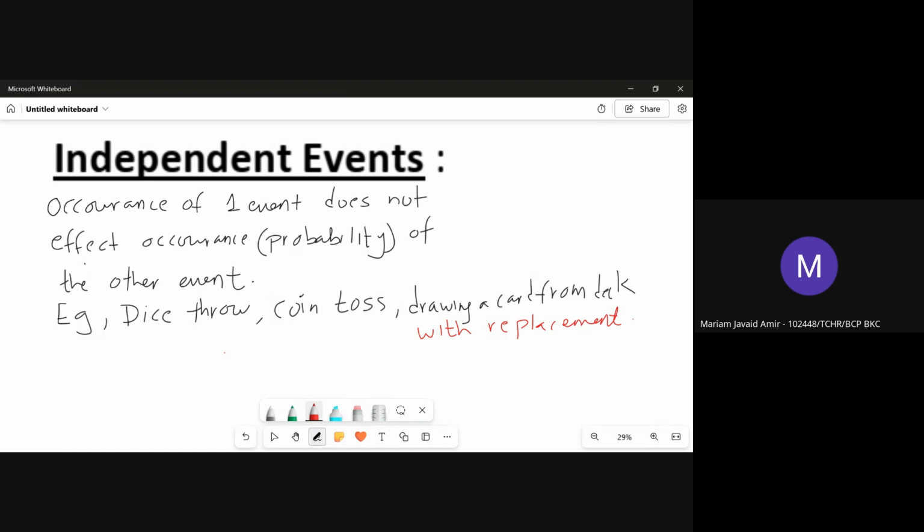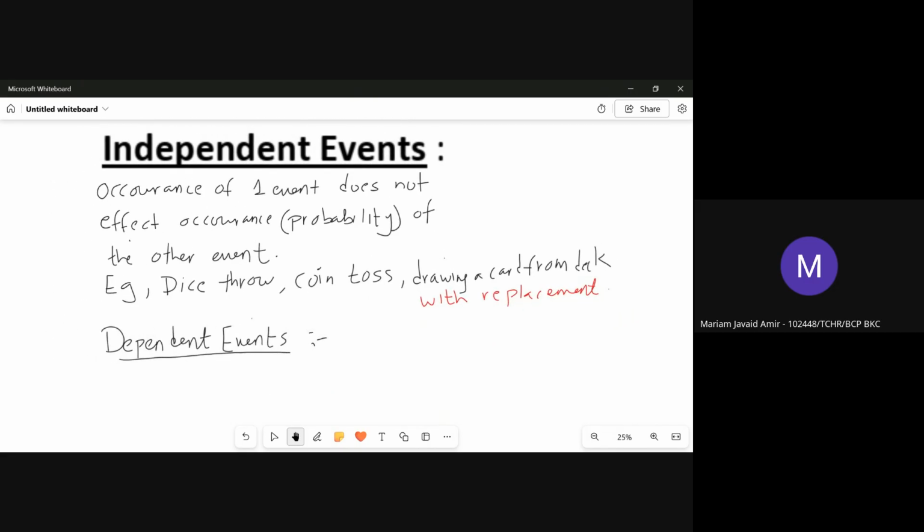अब dependent events की बात कर लेते हैं. Now this will be the other way around.